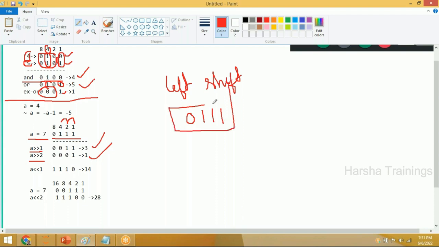Now let me do it like this: a left shift by 1. You simply do one thing: add this 0 here, and put the remaining three 1s here. That's it, and add a 0 here, and this will be the result. What is 1110? 1, 2, 4, 8. What is the result? 8 plus 4 equal to 12. 12 plus 2 equal to 14. Clear?